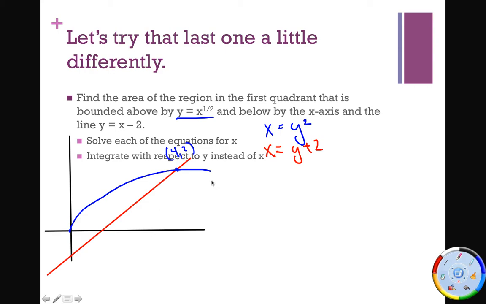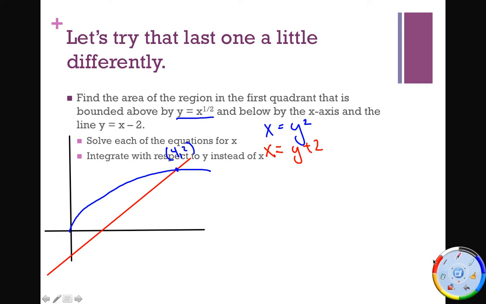So instead of thinking vertically this way, because that's what our mind is picturing, we now have equations that are pictured with respect to y, so vertical is now this direction, which means when we're finding area, we can find the area underneath the red line minus the area under the blue line, which will give me the total area again.